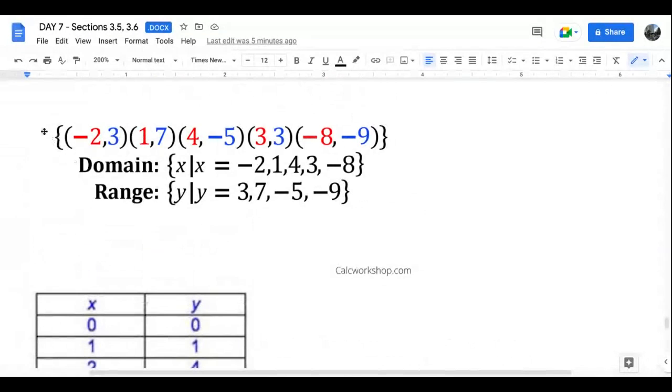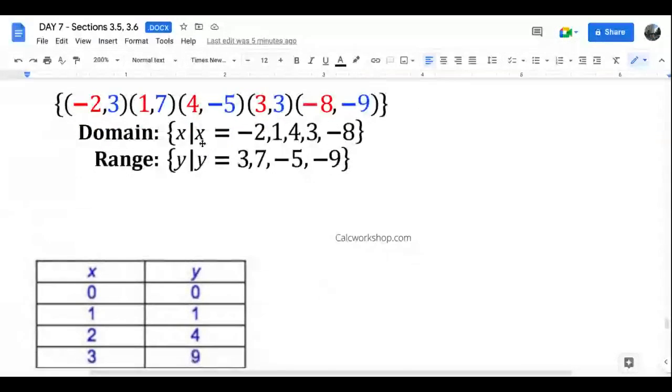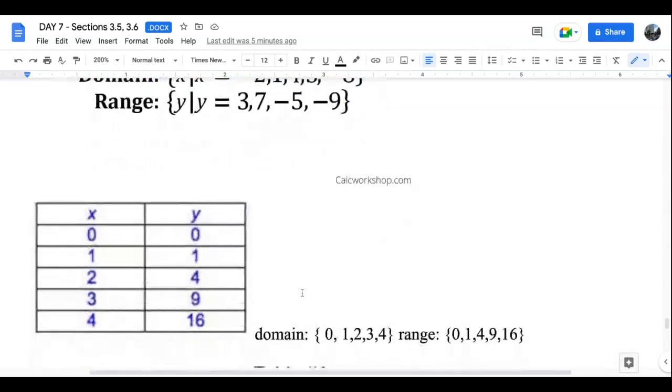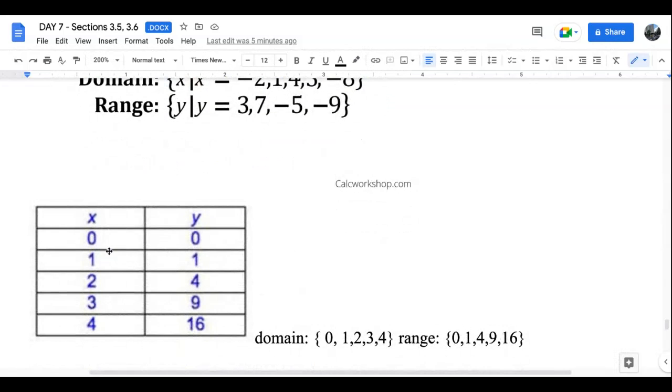Or table values. Let's see we have this set of ordered pairs. For the domain, sometimes we use x, then a vertical bar, x equals, to represent a set. It says x belongs to any of those numbers, and the range is y can be any of these numbers. We can list in the table x, y: 0, 0, 1, 1, 2, 4, and so on.